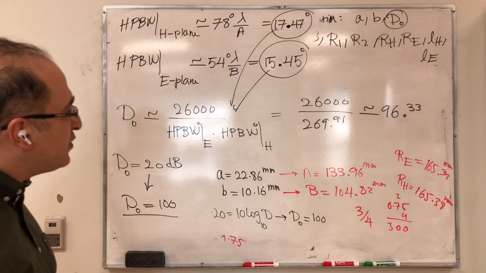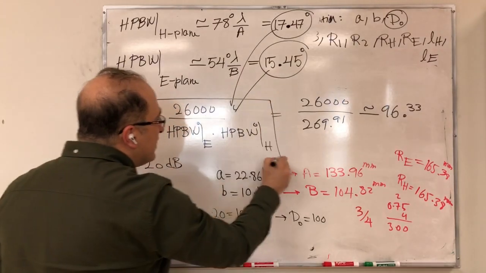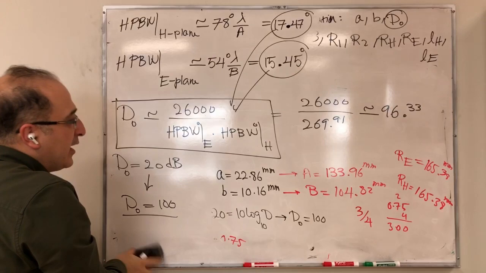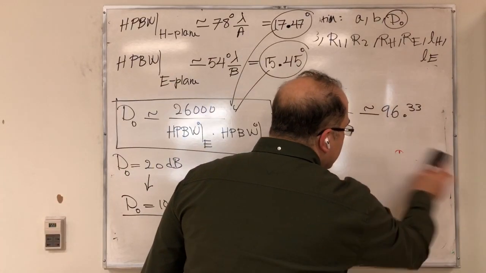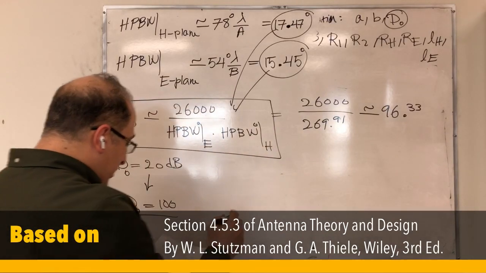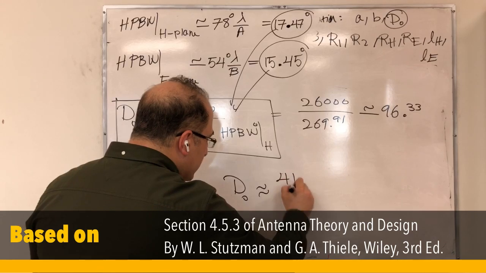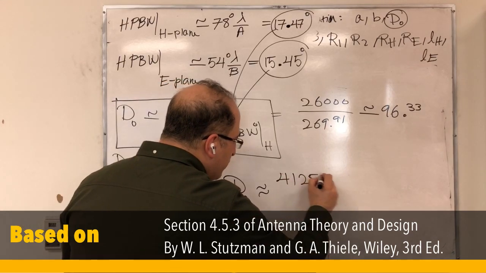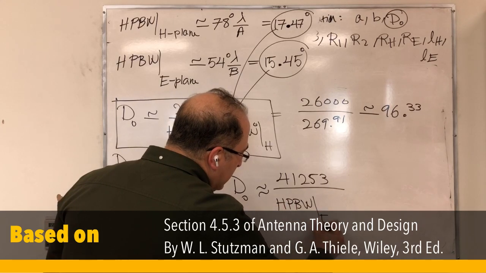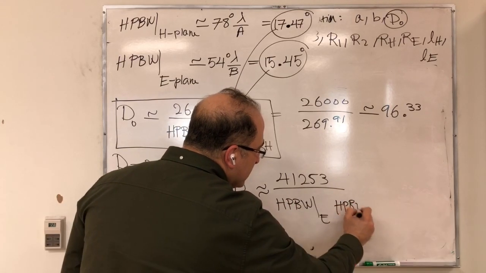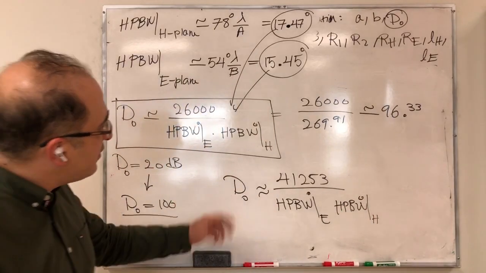One final note regarding this directivity equation is that there are other equations for directivity. For example, you might see this equation where the maximum directivity is 41,000 divided by the half power beamwidth in the E plane and the half power beamwidth in the H plane, in degrees.